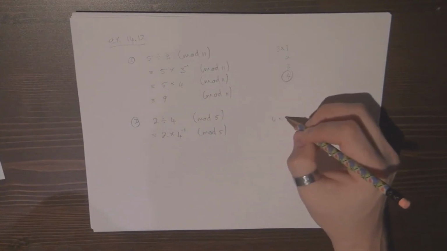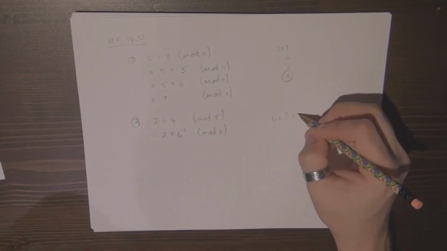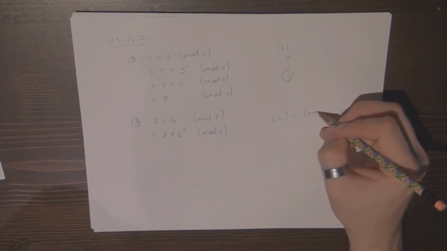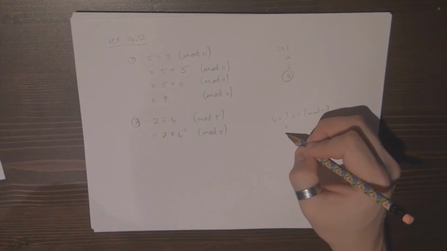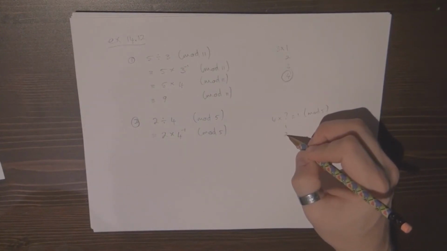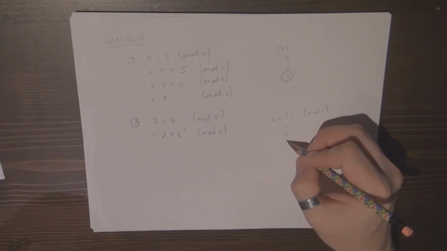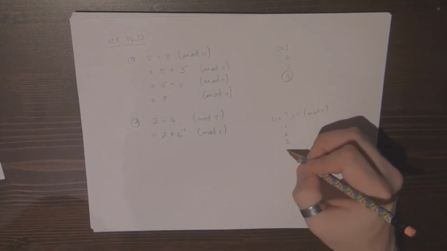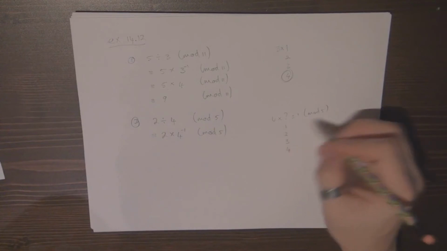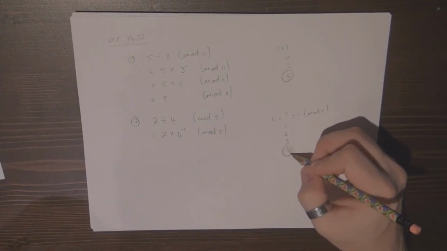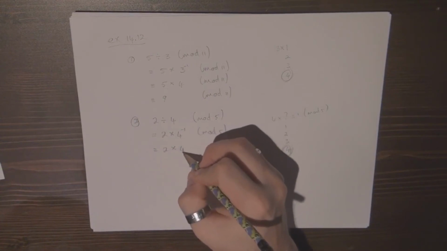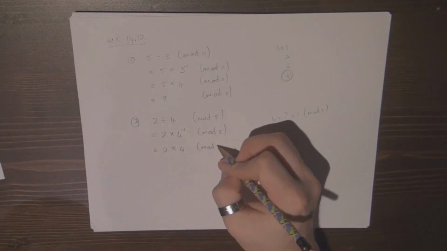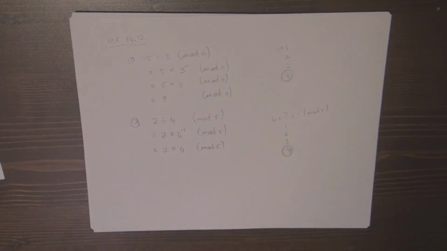Well, 4 times what is 1 mod 5? 4 times 1, obviously not. 4 times 2 is 8, which is 3 mod 5. 4 times 3 is 12, which is 2 mod 5. 4 times 4 is 16, which is 1 mod 5. So in this case, 4 is its own multiplicative inverse. That can happen as well.